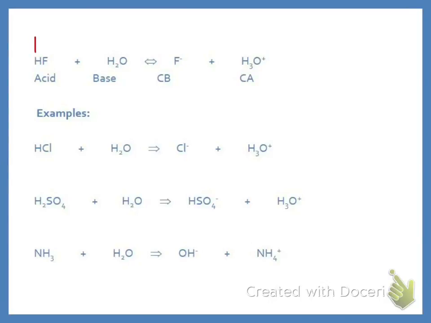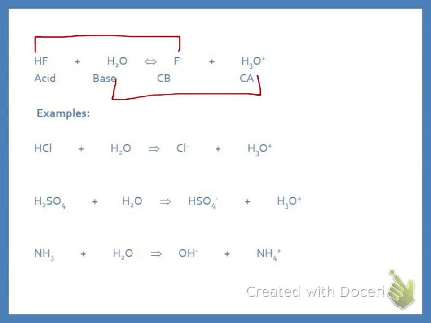So what's left after the acid gives away its hydrogen is that F minus. Okay? So that would be its conjugate base. Okay? The water in this case went from H2O to H3O plus. So it accepted a hydrogen, so that makes it a base. So what's left after that is the H3O plus. So that would be its conjugate acid.